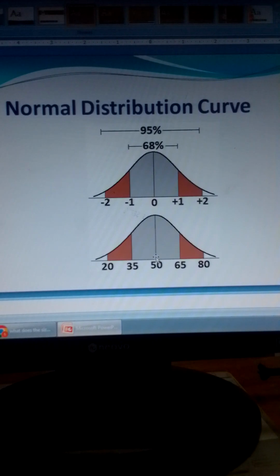Let's look at a formula that is used to standardize scores, so that the scores in each subject fall on the normal distribution curve.